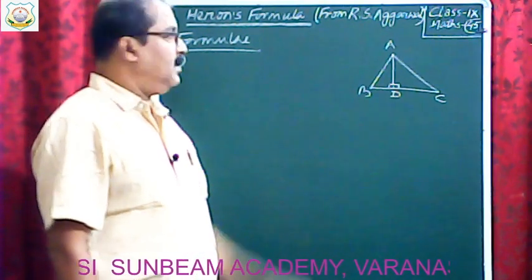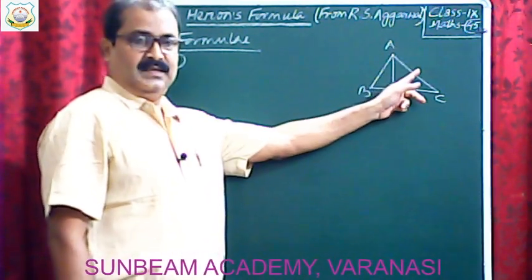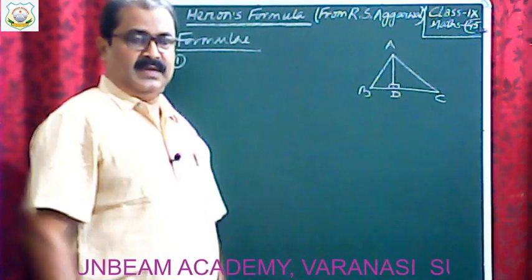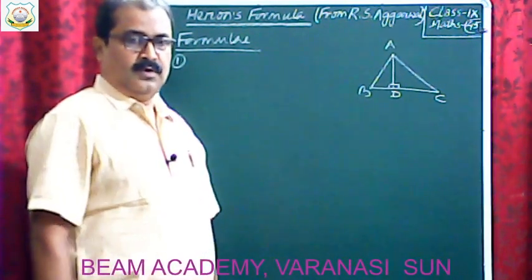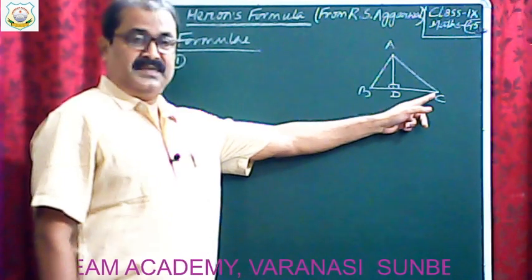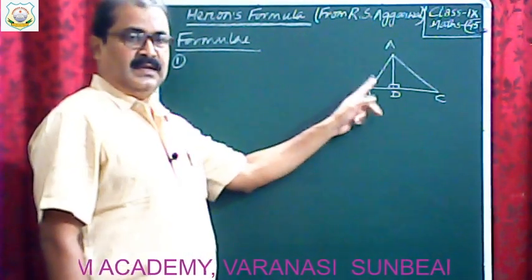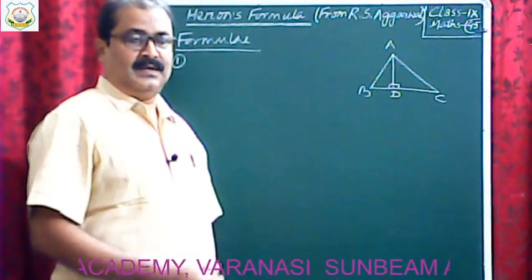If we draw a perpendicular from B to AC, then AC is the corresponding base of that altitude. If we draw a perpendicular from C to AB, then AB is the corresponding base of that altitude.